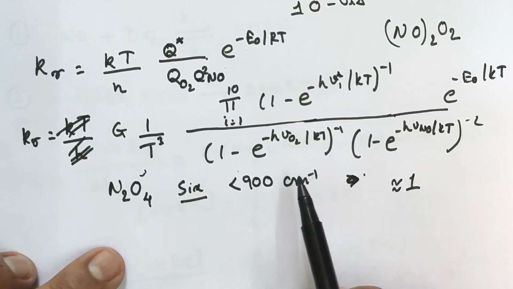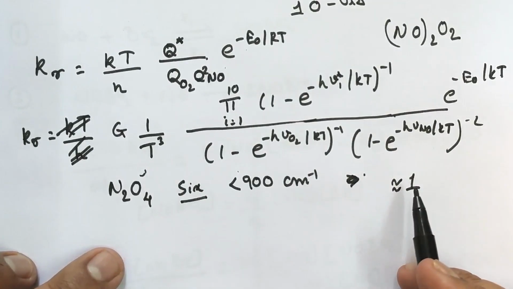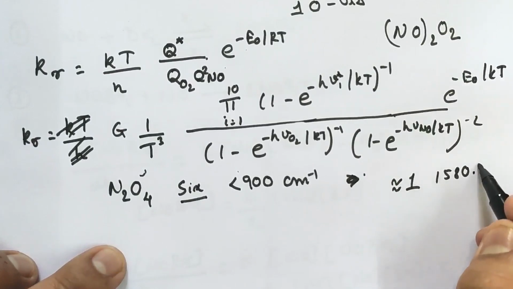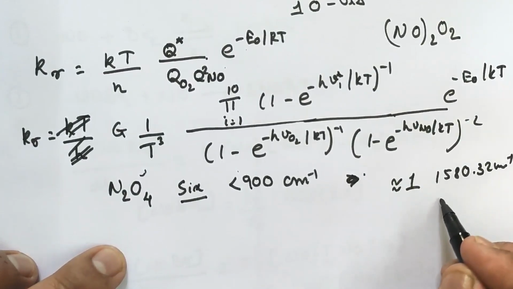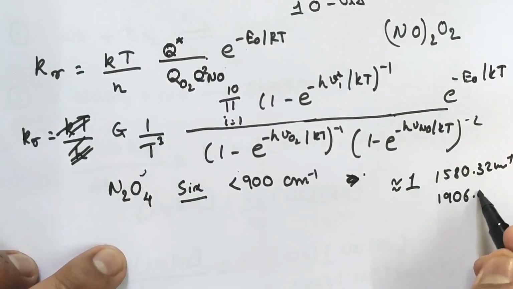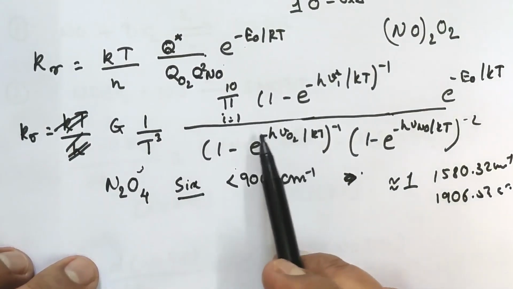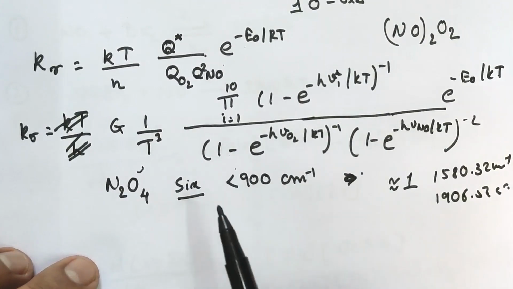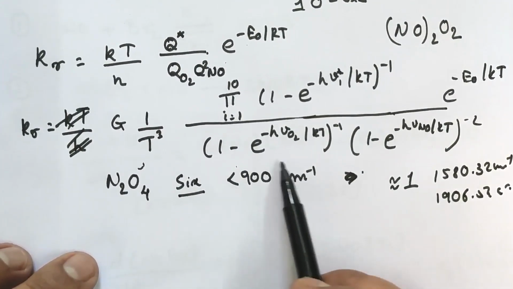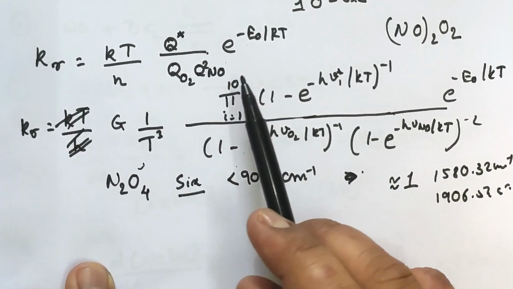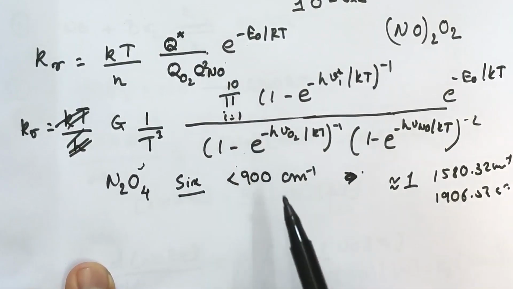Similarly, the vibrational frequency of oxygen is around 1580.32 centimeter inverse, and for nitric oxide it is 1906.54 centimeter inverse. As these vibrational frequencies are very large, these terms will be almost equal to unity, and hence in the denominator also we take only the 6 vibrational frequencies which are lesser than 900.